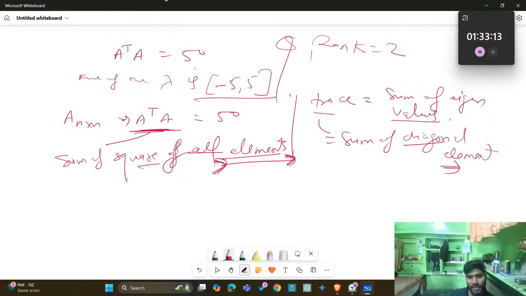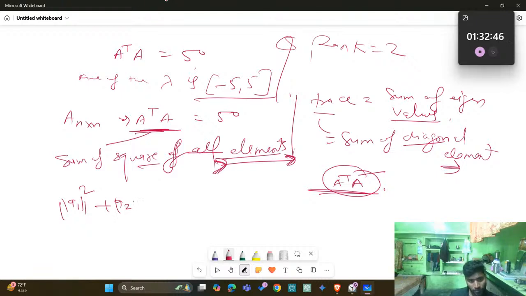So what are the diagonal elements of A transpose A? What are the diagonal elements? This is the question. So the diagonal elements are the sum of squares of all elements of a column vector. So these are a11 square plus a21 square plus so on.